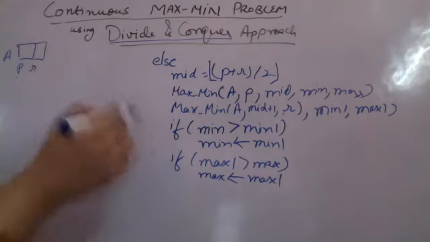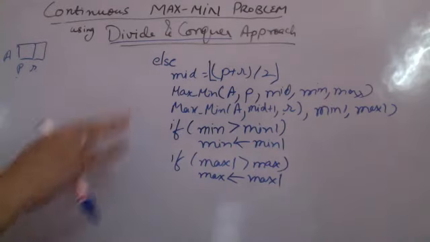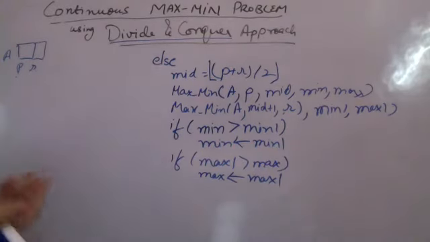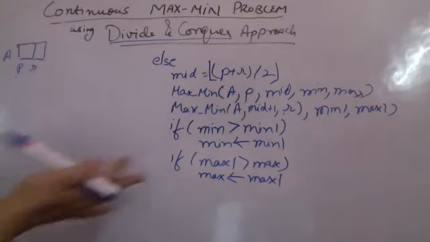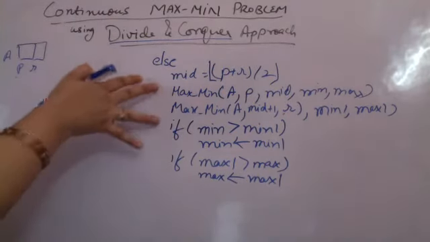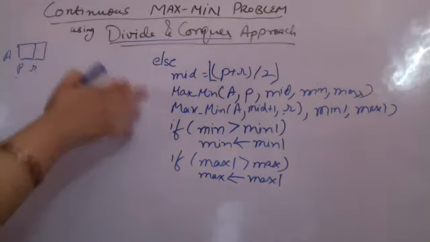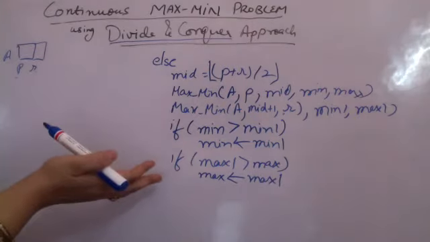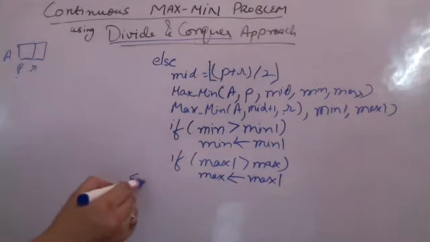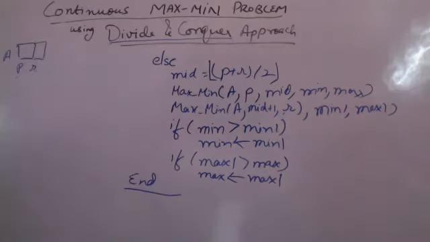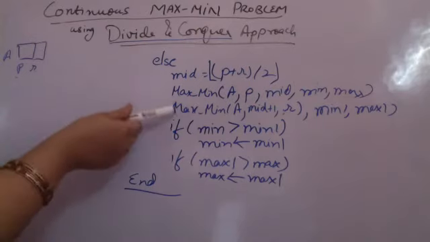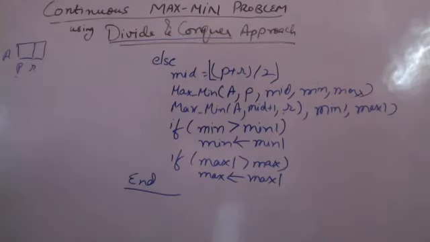And after these are done, when the entire procedure is over, what I will be getting is the final minimum and max. This is divide and conquer here. Divide and conquer कब होगा? When the list is greater than 2 elements, and I will be ending the procedure here. So in the divide and conquer approach, this is my divide and this is my conquering part.